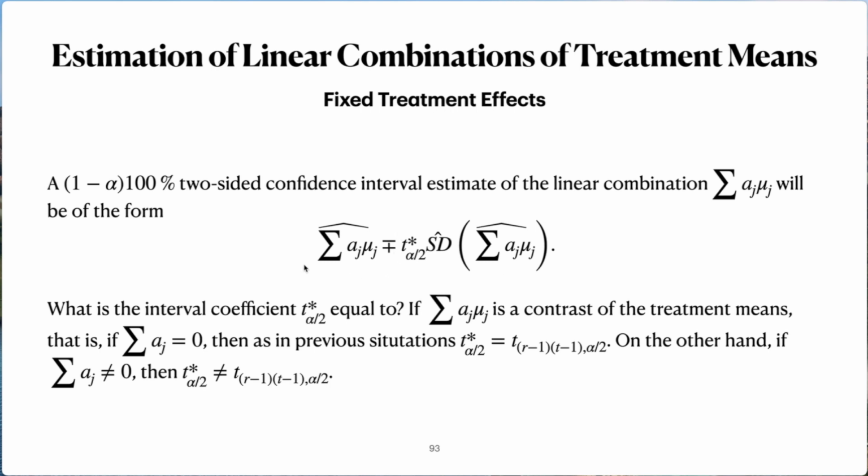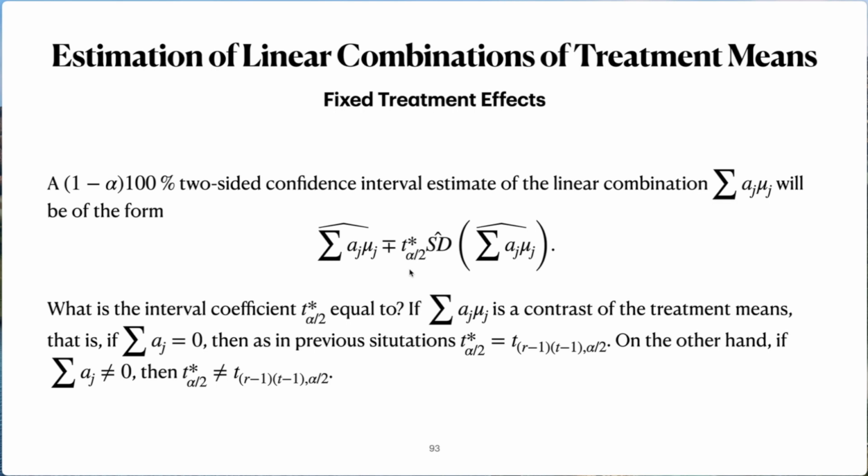We start off with a point estimator, and then we go a distance to the left and to the right, equal to the margin of error associated with that point estimator. Now, we have an expression for the estimated standard deviation of the point estimator of the linear combination. But the question now is, what is the interval coefficient? You'll notice that the interval coefficient now has a star in the superscript. So what is this interval coefficient equal to?